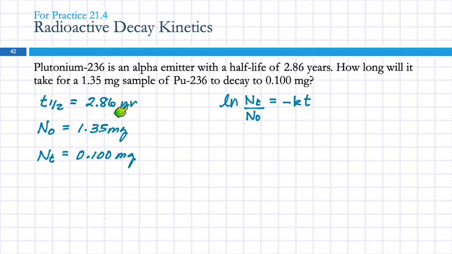So the half-life can be used to calculate the rate constant. T1/2 is 0.693 divided by the rate constant. Or the rate constant is 0.693 divided by T1/2.